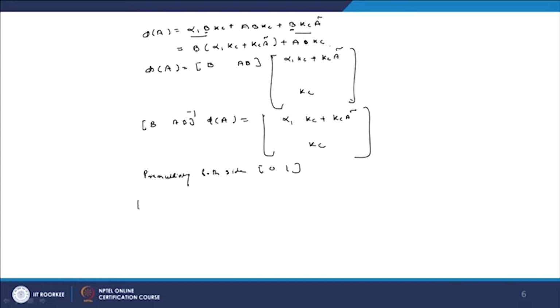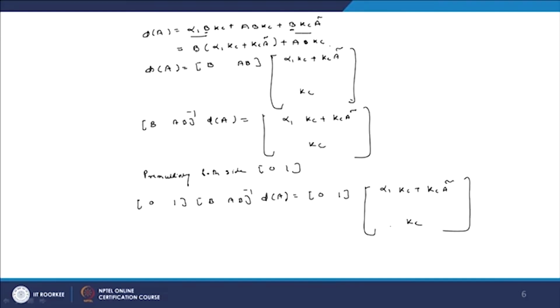So, we can write down 0 1, B AB inverse phi of A, equal to 0 1, and here we will get alpha 1 Kc plus Kc into A bar, that is equal to Kc.